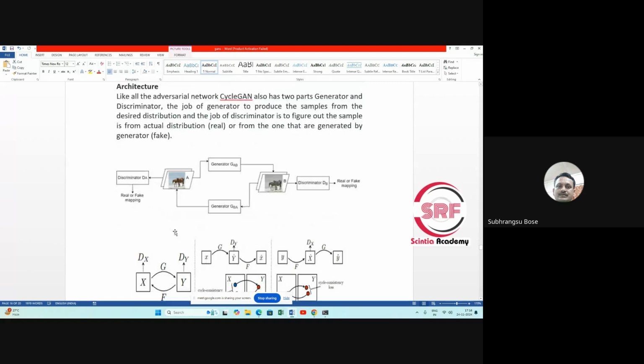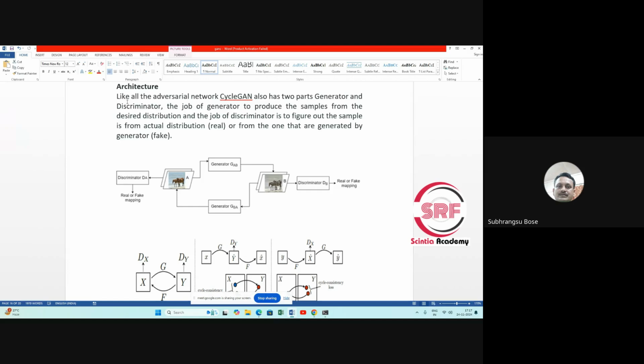Then, we want to know the architecture. What is the cycle GAN architecture? Cycle GAN has two parts. One is the generator and another one is the discriminator.